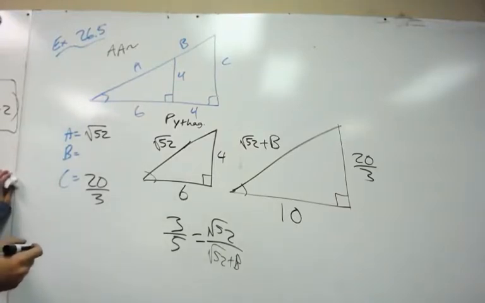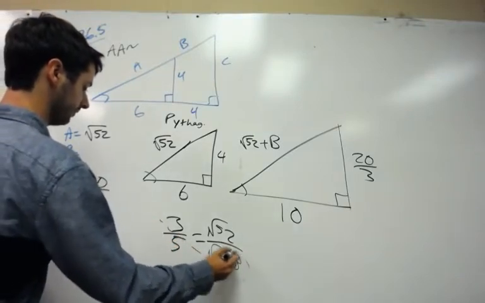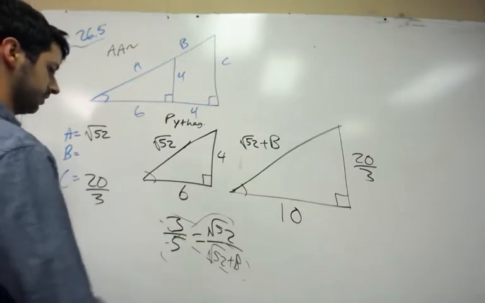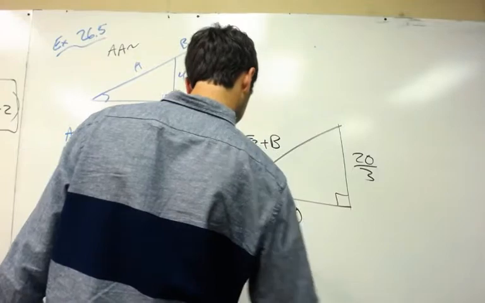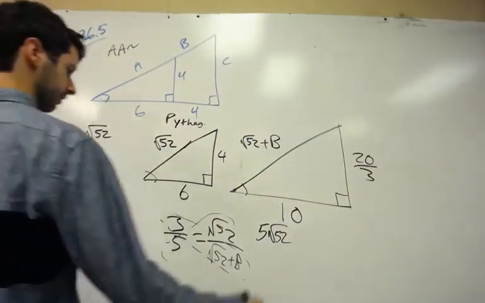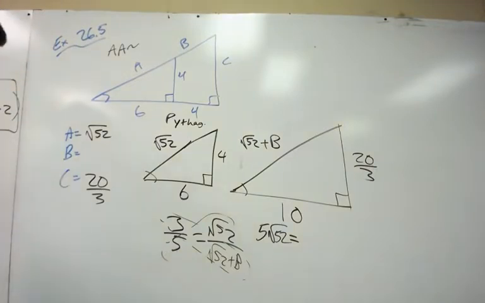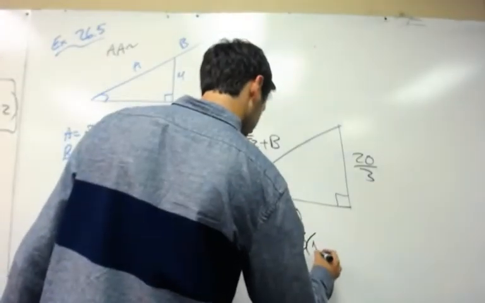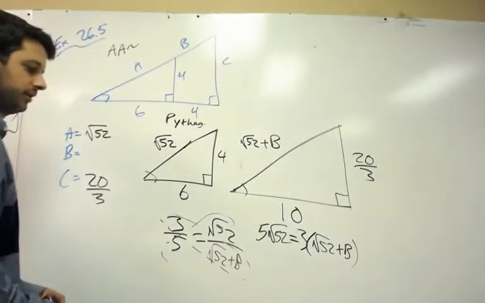What we're going to do, cross multiply. 5 times square root of 52 is 5 radical 52. That equals 3 times radical 52 plus B. So we got to put that in parentheses.